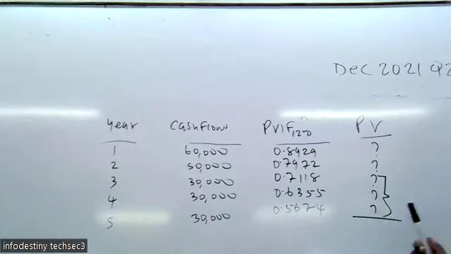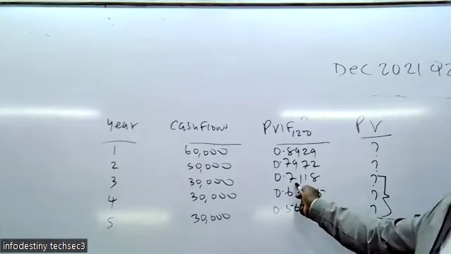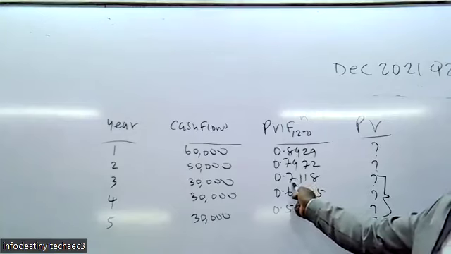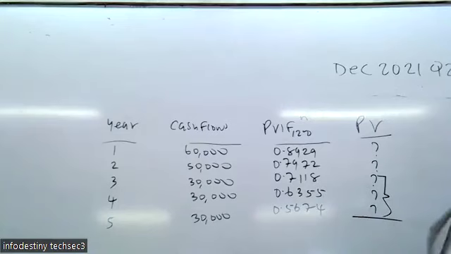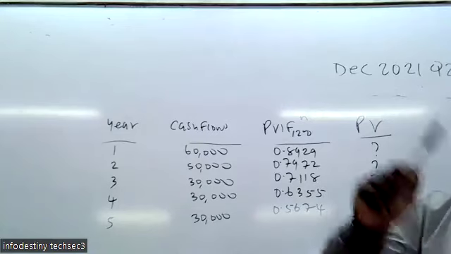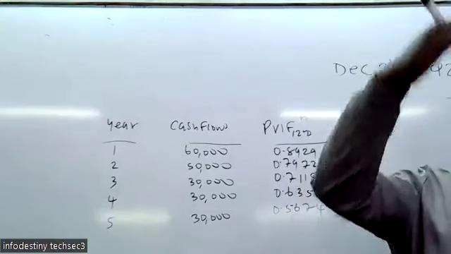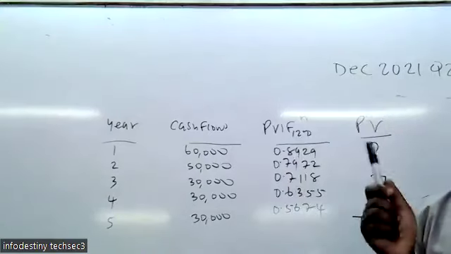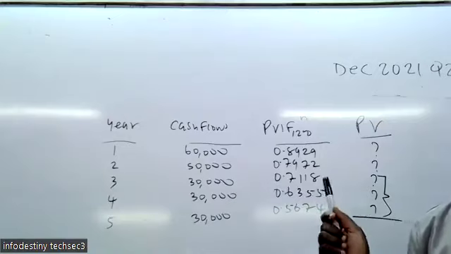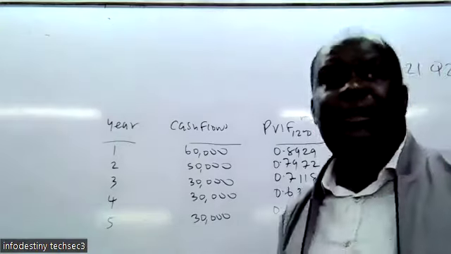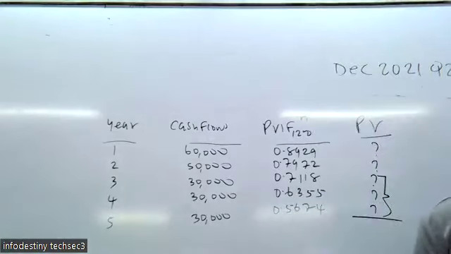Then also, I want you to add this one on what you have just calculated, the one for year three. You can see it is the same as the one for year three. So the annuity table is the cumulative total of the other table.